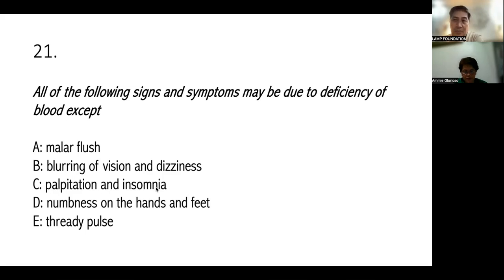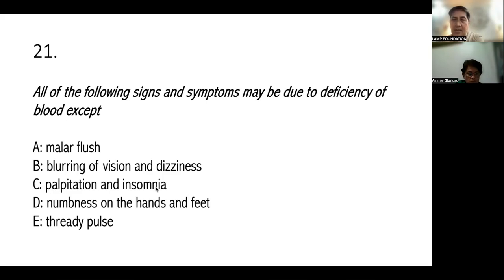Okay, ganito ha, you have to know why malar flush is not part of blood deficiency. Bakit may blurring of vision pag blood deficiency, Sir Henry? Kasi po pag blood deficiency, pwede pong... Anong organ related?